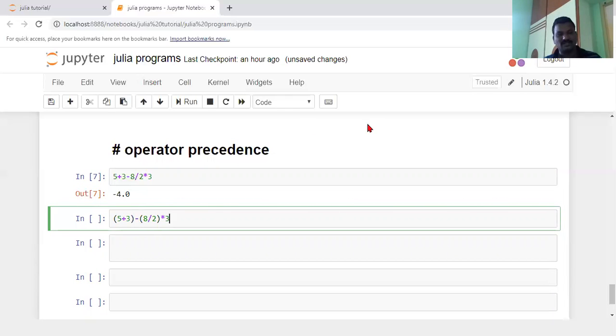That means it is converted here. What is the value? 5 plus 3 is 8, and then 8 by 2 into 3.